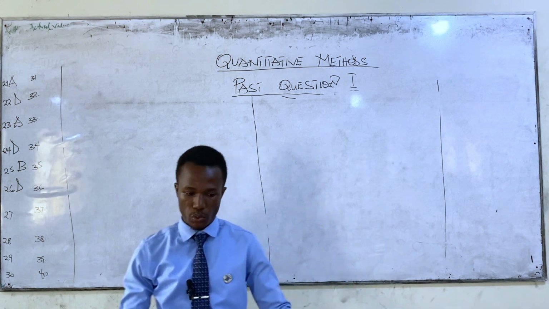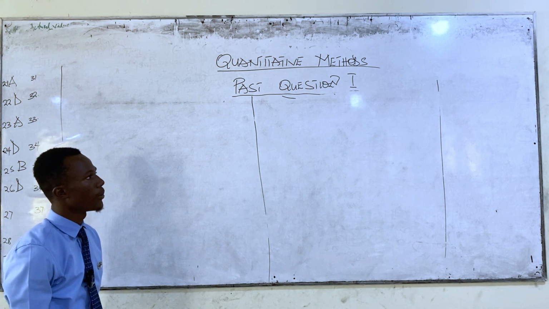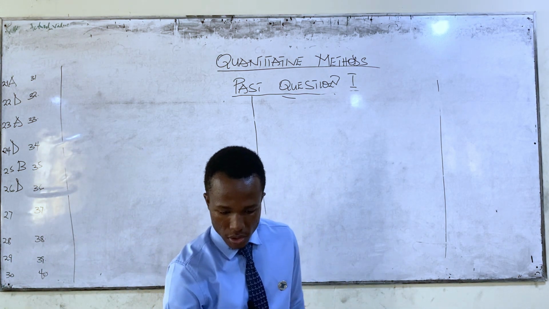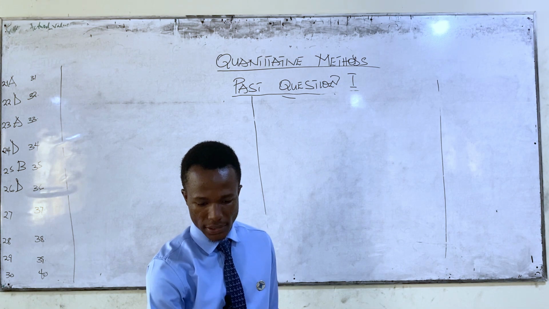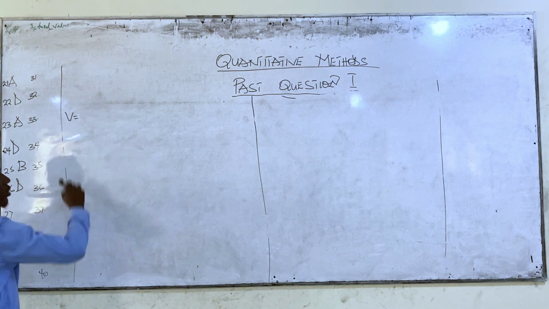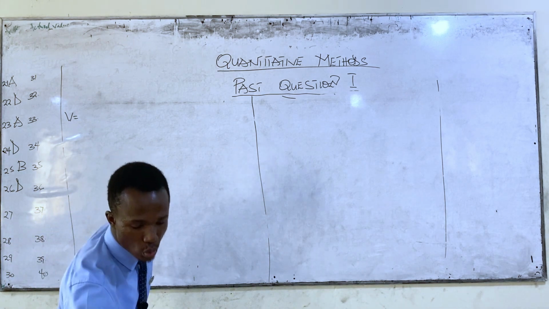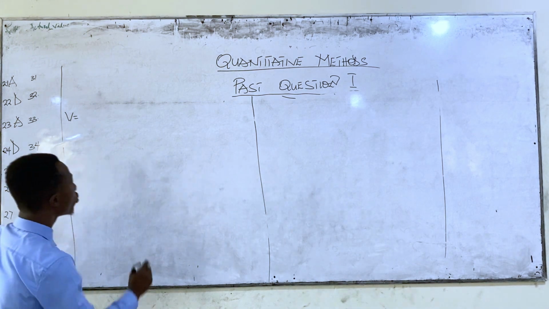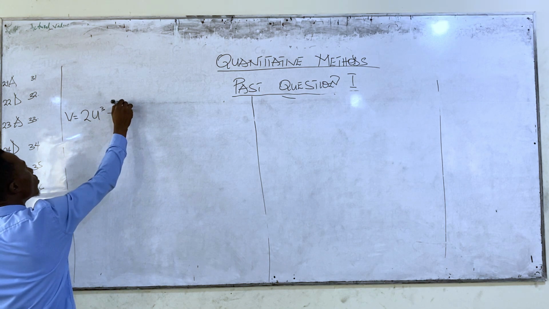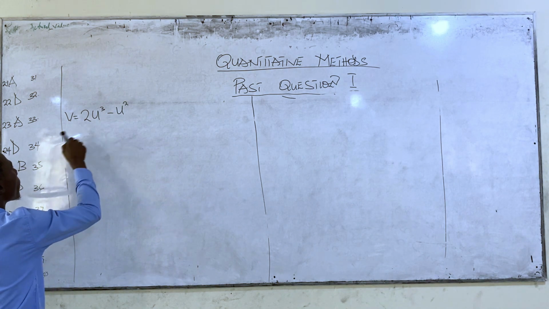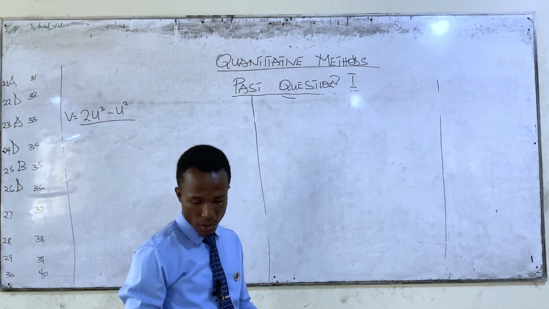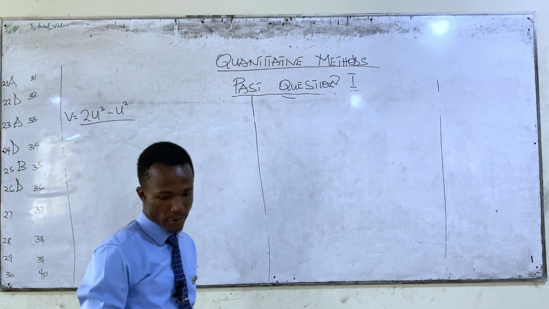So question number 27. We are going to look at this. Given that V equals 2u cubed minus u squared, all over 3u.